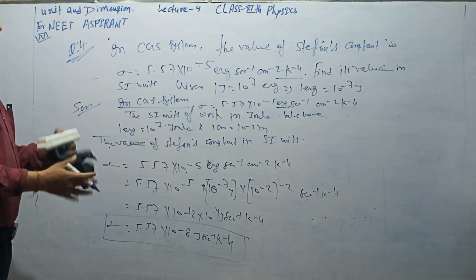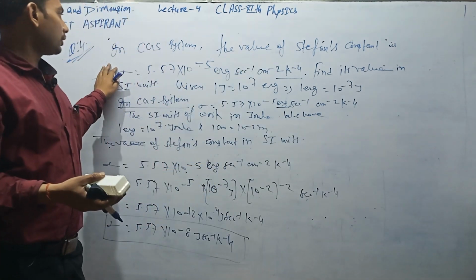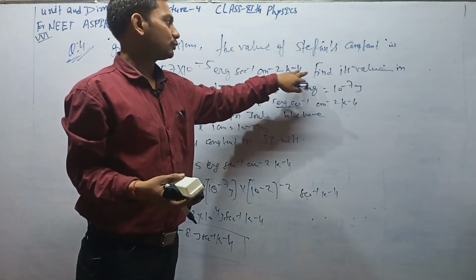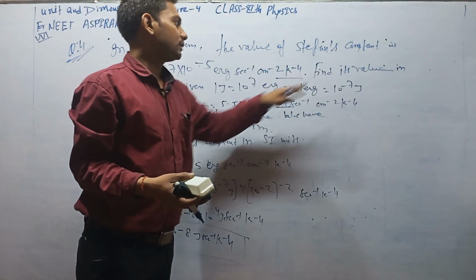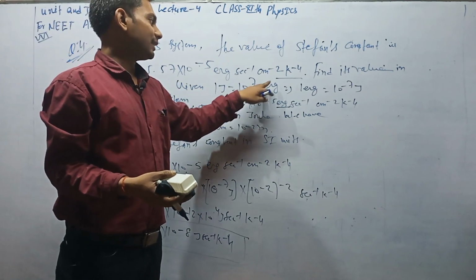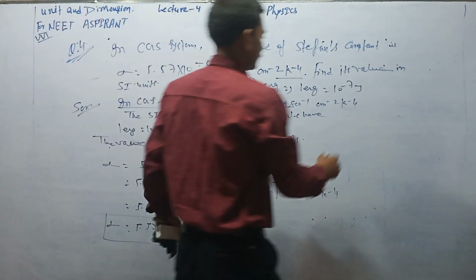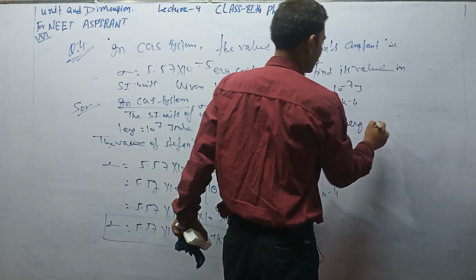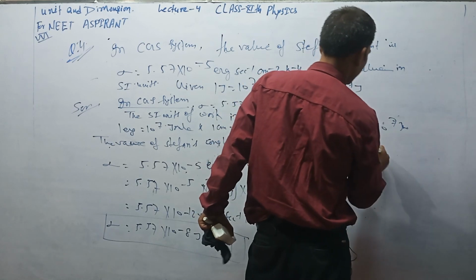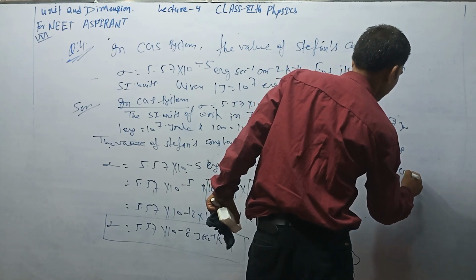Now in this question, in CGS system the value of Stefan constant sigma equals 5.57 into 10 to the minus 5 erg second centimeter minus 2 Kelvin to the power minus 4, and its value in SI units, given 1 joule is 10 to the 7 erg. That means 1 erg equals 10 to the minus 7 joule. So 1 joule equals 1 by 10 to the 7 erg.